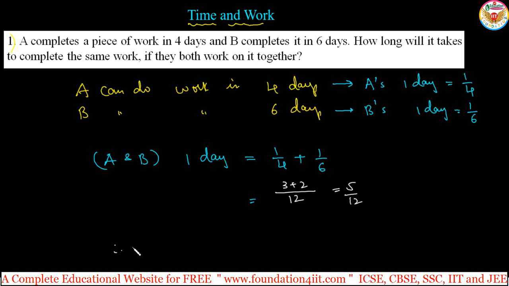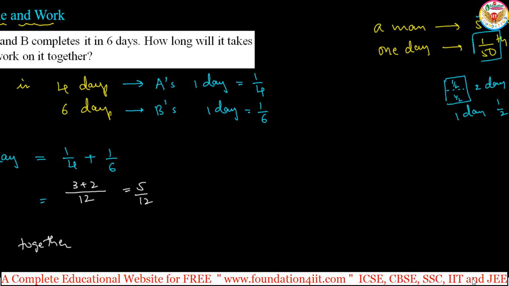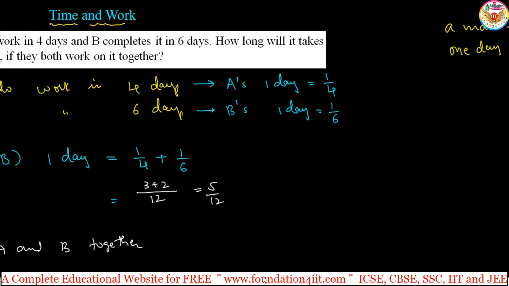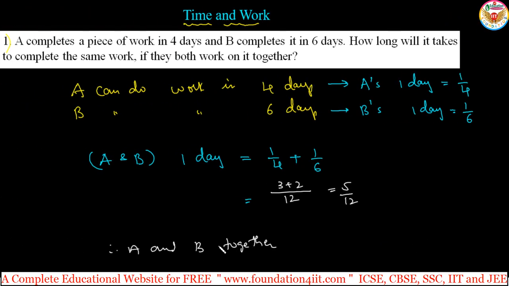So A and B together, just take the reciprocal of this number. Previously checked example: if a person does 1 by 50th in one day, the person can do the work in the reciprocal of this number of days. So the reciprocal of 1 by 50 is 50 by 1, that is 50. Same way, A and B together in one day can do 5 by 12th part of the work.